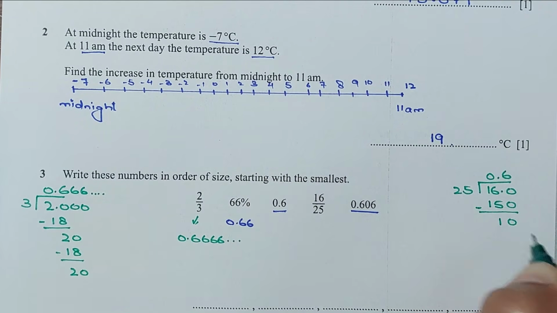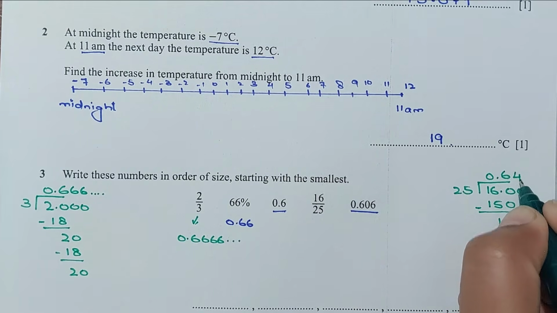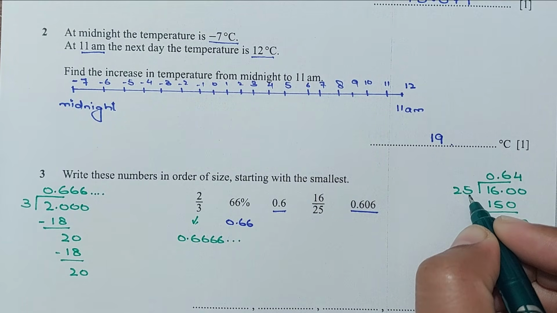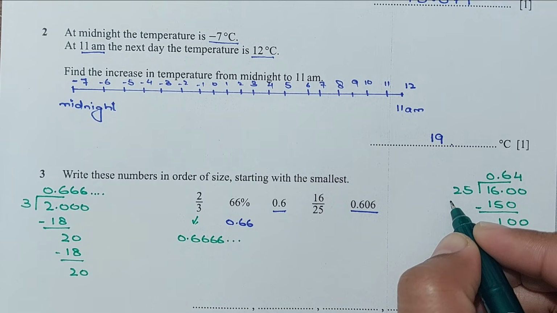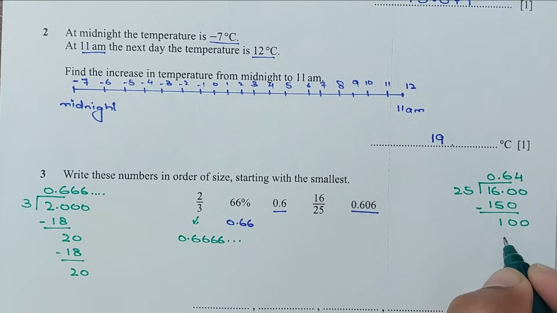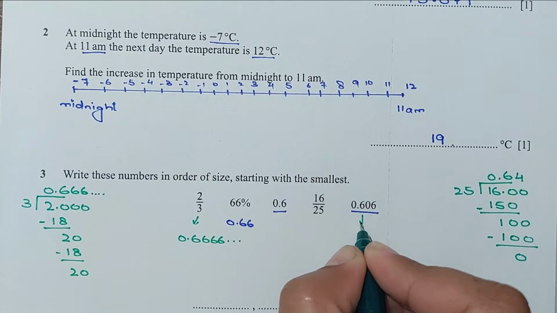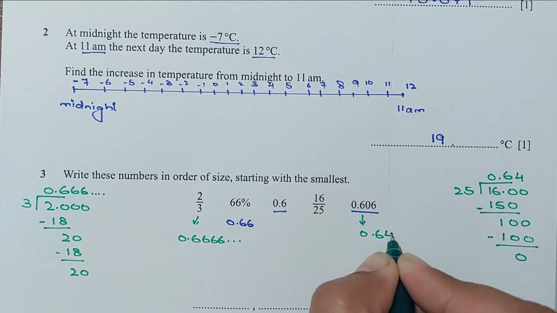Now 10 is left. We bring the 0 down, and we have 25 times 4. 4 times 5 is 20, and 4 times 2 is 8, and 8 plus 2 is 10, so it's 100. The remainder is 0, so this number is 0.64.